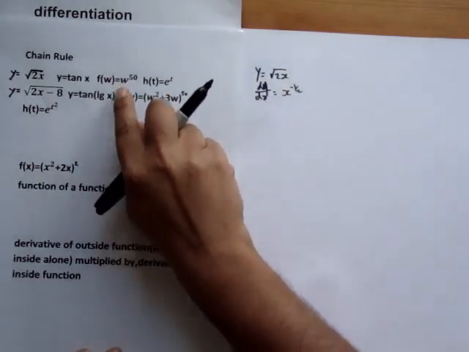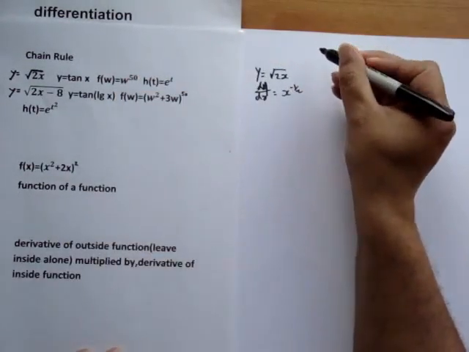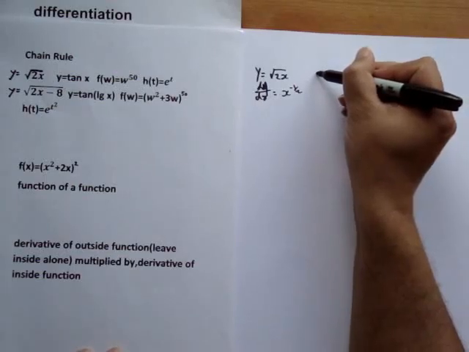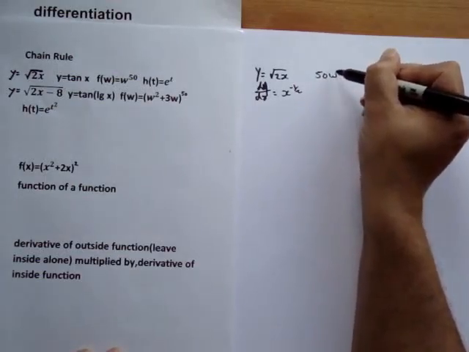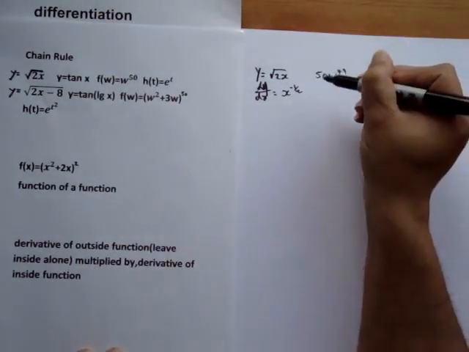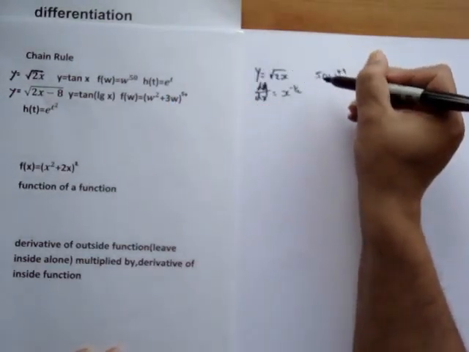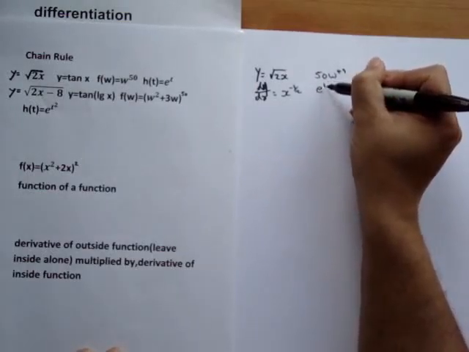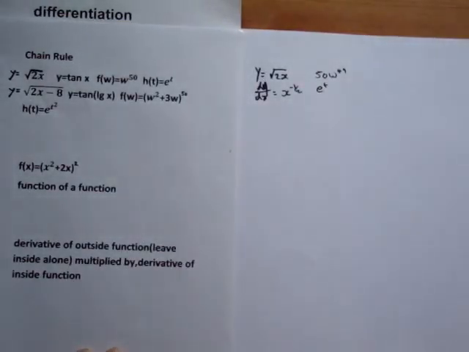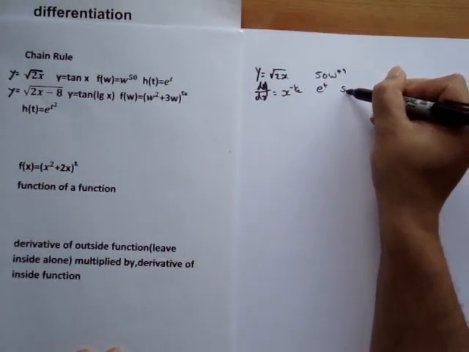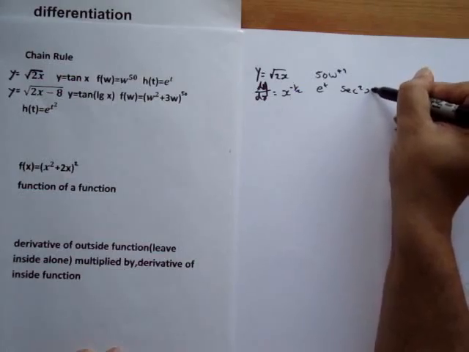For w to the power 50, that becomes 50 w to the 49. For e^t, when we differentiate that, that becomes e to the power t. Tan x becomes sec squared x.